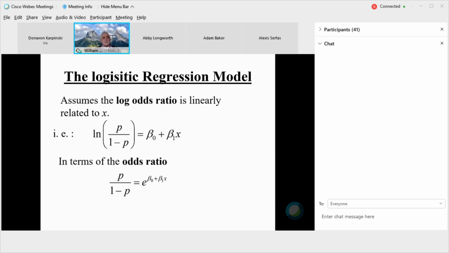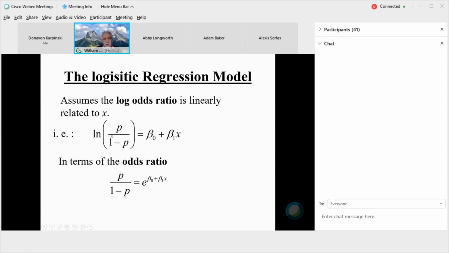The logarithm of P over 1 minus P ranges from minus infinity to infinity, so it could be linearly related to x. That allows for the possibility that log P over 1 minus P could be anywhere from minus infinity to plus infinity.